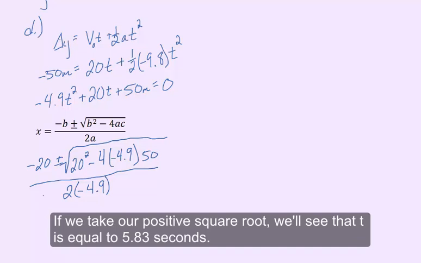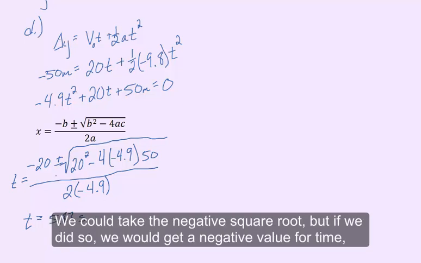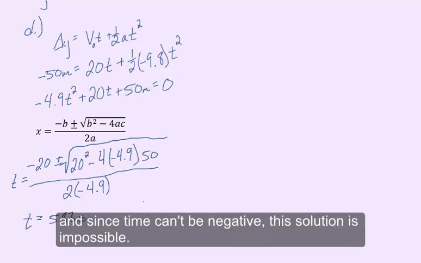If we take our positive square root, we'll see that t is equal to 5.83 seconds. We could take the negative square root, but if we did so, we would get a negative value for time. And since time can't be negative, this solution is impossible.